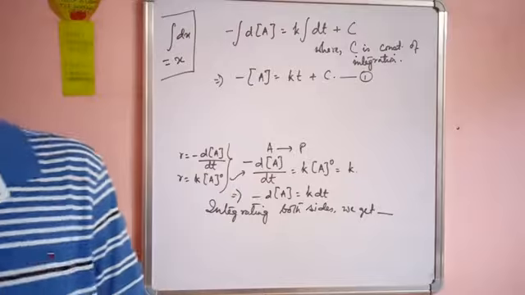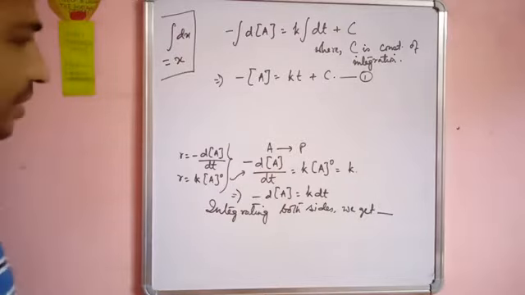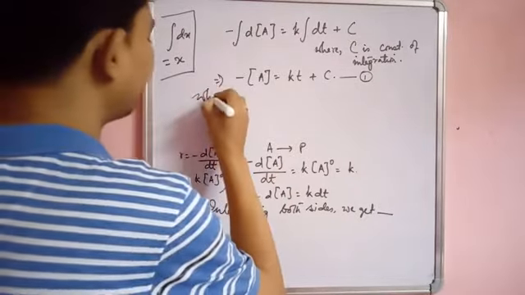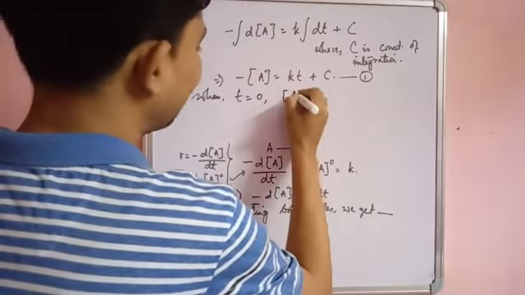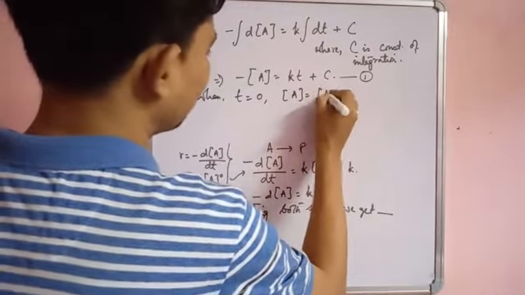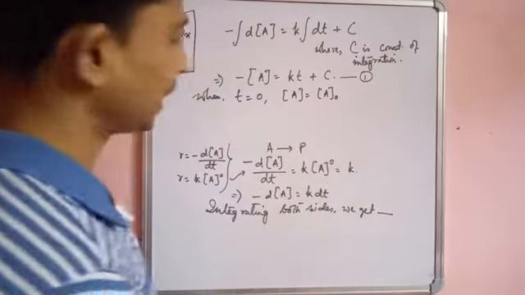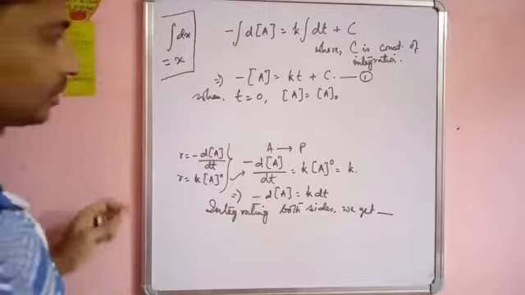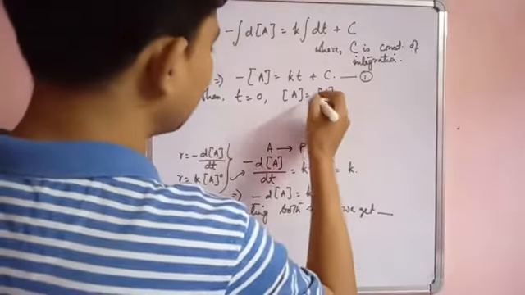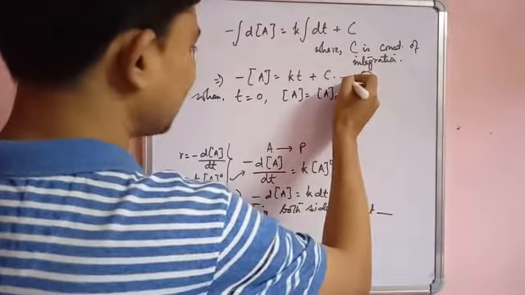Minus [A] is equal to kt plus c. Now when t equal to 0, [A] is equal to [A]0.